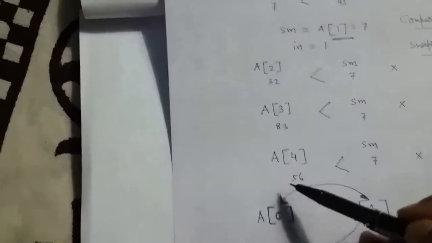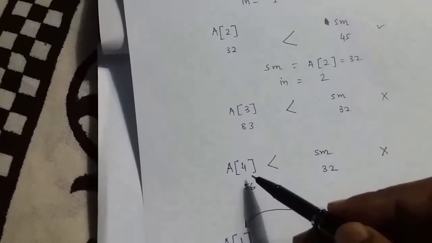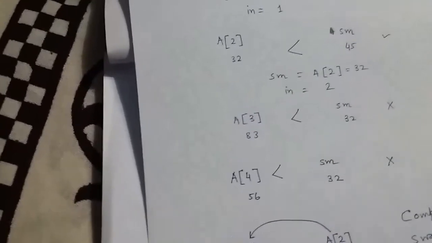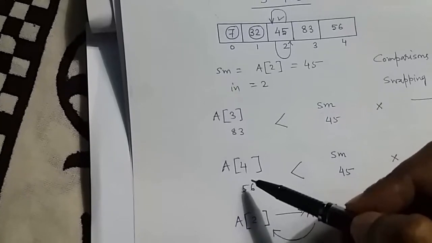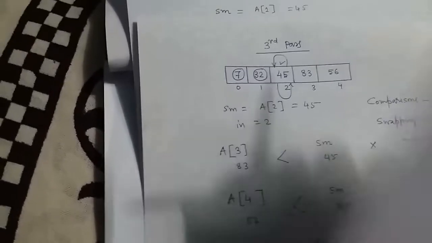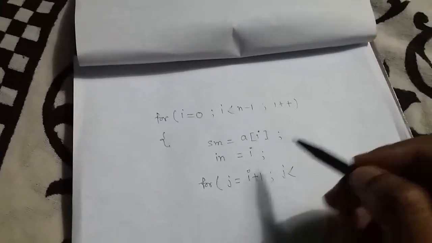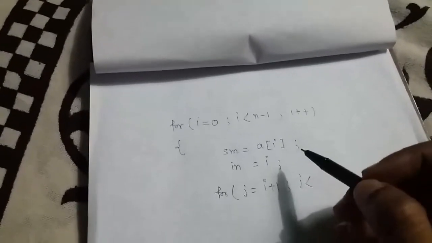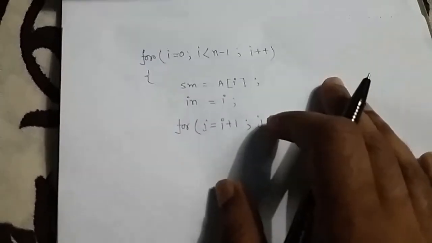In the first pass, the last element that is coming for comparison is a of 4. In the second pass also, the last element that is coming for comparison is a of 4. And in the third and fourth pass also, the last element that is coming for comparison is a of 4, which is the last element of our array that consists of 5 elements.